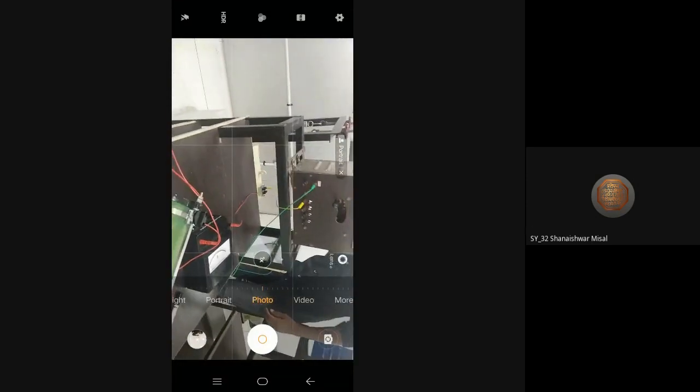Now I will give this A1 to the A1 of the motor. Then this A2 to the A2 of the motor.